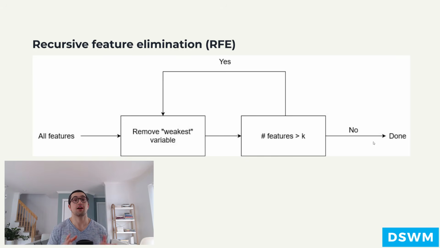It's going to check, after removing 1, do I have more than 5 features? If that is the case, it's going to go back and remove the weakest until it actually reaches 5 features. At this point, the algorithm is done. So again, we still have this subjective threshold, where you need to decide how many variables you want to keep for your model. With all that in mind, let's go back into the code and implement RFE.